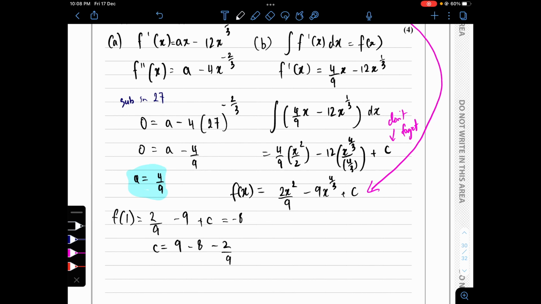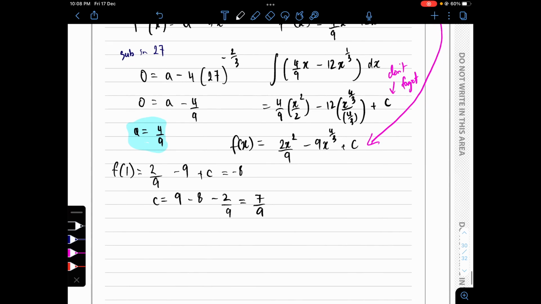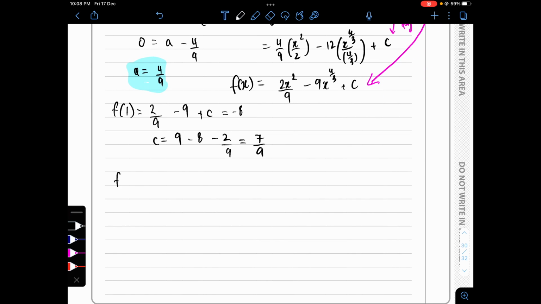Now that is 1 minus 2 over 9, which is 7 over 9. So our final answer is f of x equal to 2x squared over 9 minus 9x to the power 4 over 3 plus 7 over 9.